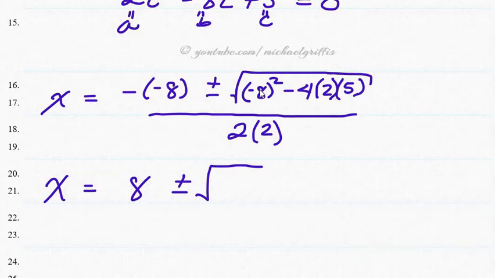This is 64 minus, so we have 2 times 4 is 8, 8 times 5 is 40. So we're going to have 64 minus 40. What is 64 minus 40? That's going to be 24. So let's write that in there, and it's all over 4.